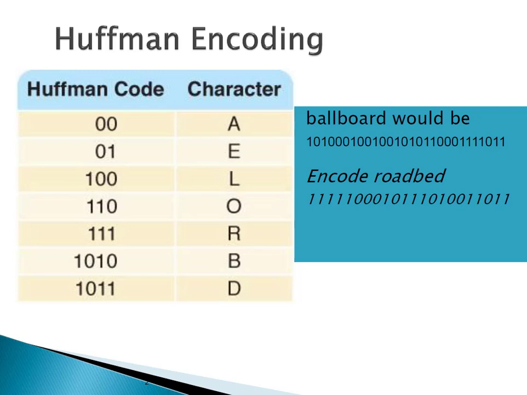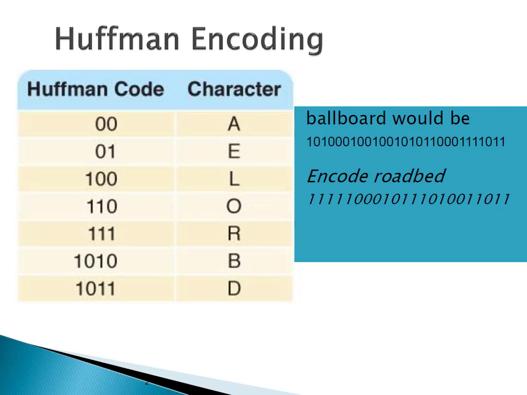So this Huffman code has made the assumption that A occurs more frequently than D. Because D occurs less frequently than A and E and L, it is assigned a larger length. Because it occurs less frequently, the larger length Huffman code will be used much less than the codes for, say, A, E, L, and so on.